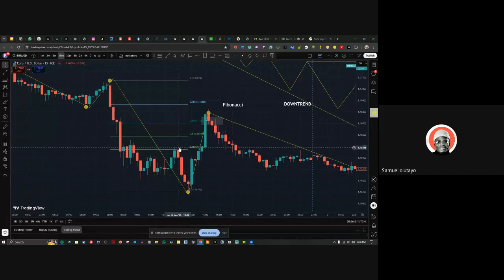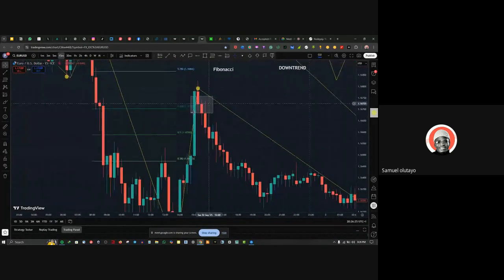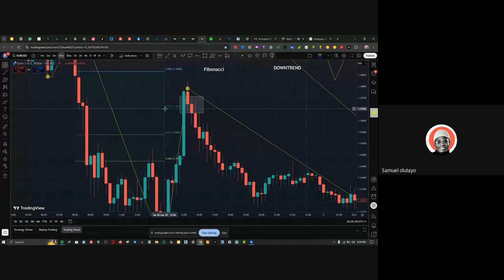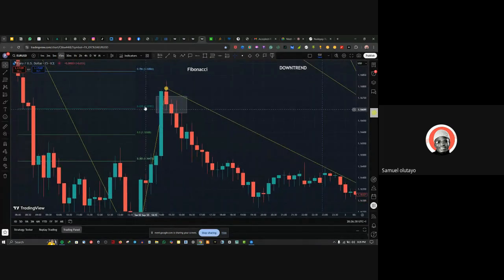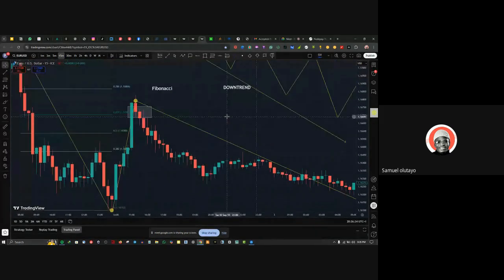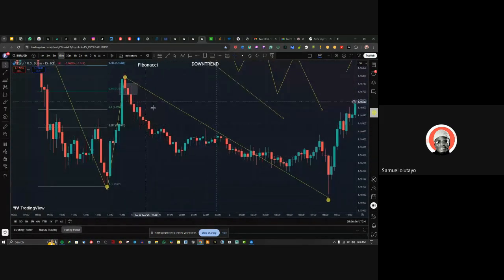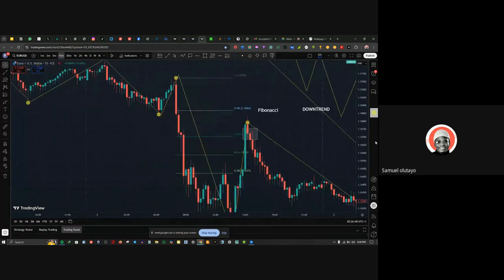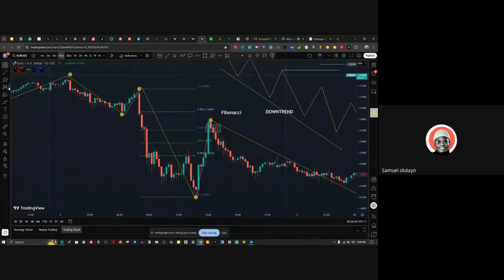And these levels are possible areas where price can reverse. We talked about how price reversed on the 0.618 level on this particular trend. And then, of course, you can see it continued to the downside. Can you see that pullback to the downside? All right, so that's that for the fib retracement tool.